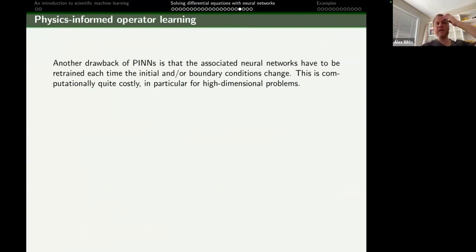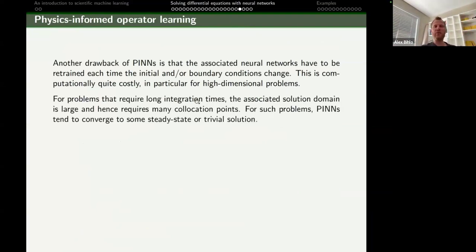So retraining is not great, and also long integration times are not great because you need lots of collocation points. And I already indicated that if you have a long integration interval, PINNs tend to just fail, right? Typically they just converge to some trivial solution. So think about the harmonic oscillator. It goes up and down like a sine wave, and you want to solve the harmonic oscillator for, I don't know, 100 seconds or so.